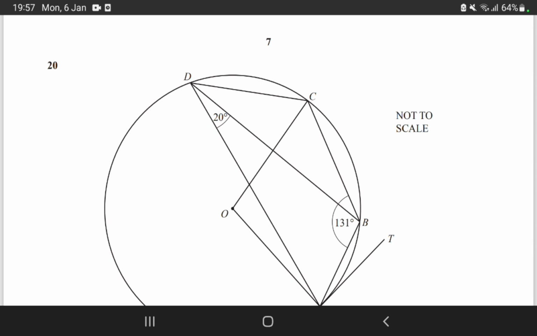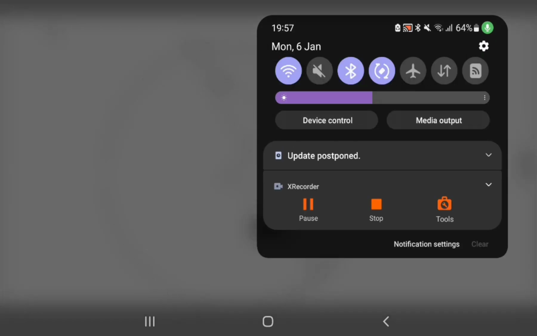Okay, so for the last past paper, paper 2, we're going to be doing 2019 questions 18 and 21.